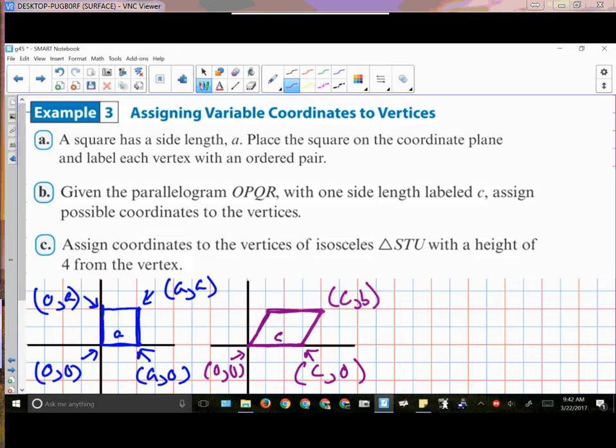How much further away from the y-axis is it? 1 unit, right? But I don't know what that distance is. So, because it's one more this way, could I say it's C plus A, comma B? Would that work?